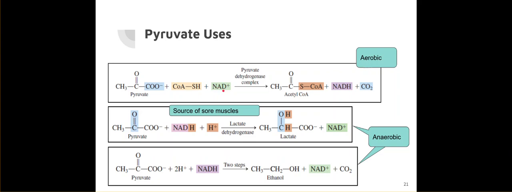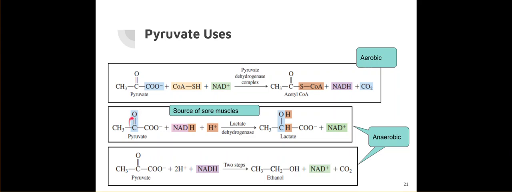And there's a NAD plus that gets reduced in that process. There is an enzyme that does this. And you're also going to get CO2 off as a byproduct. And so now this acetyl CoA can go into the Krebs cycle and be used to produce energy.